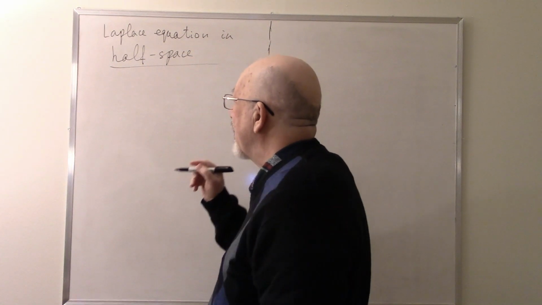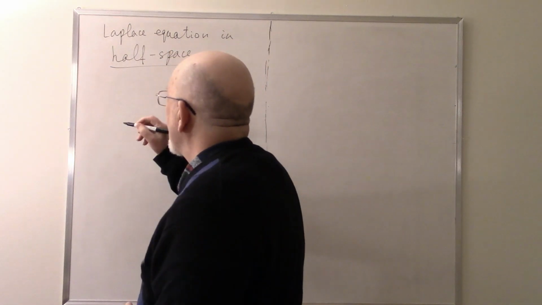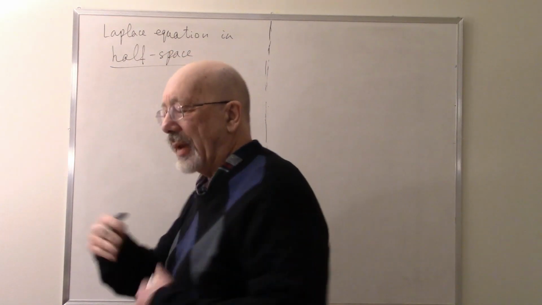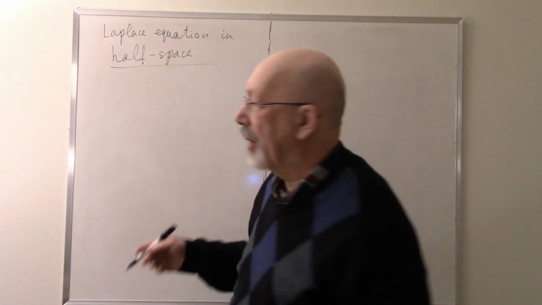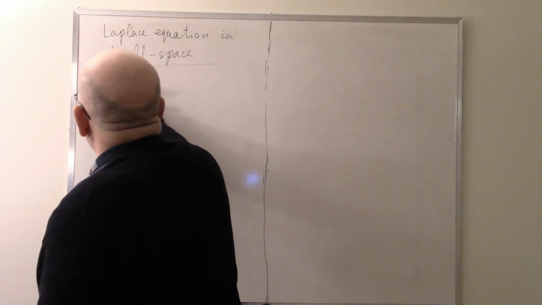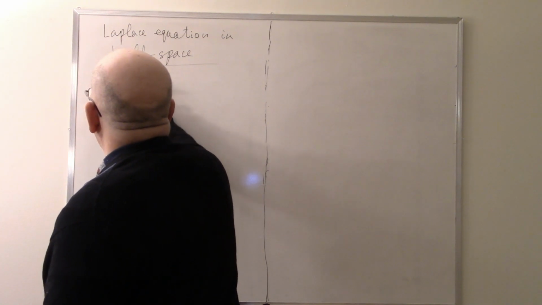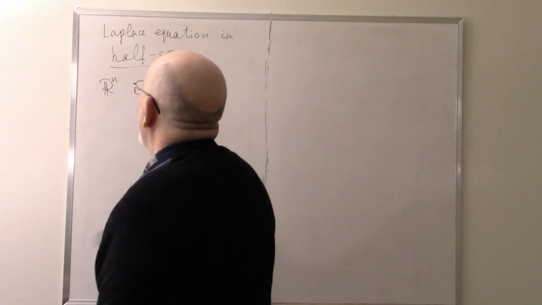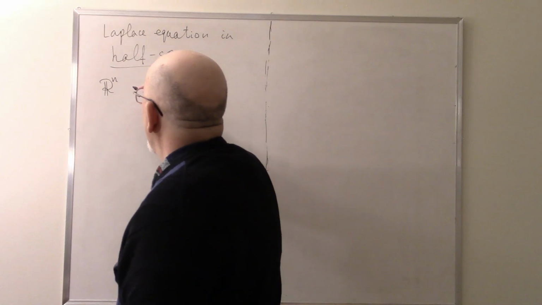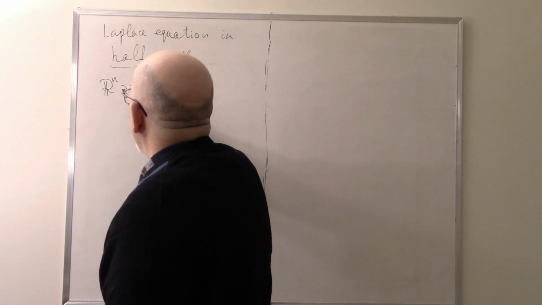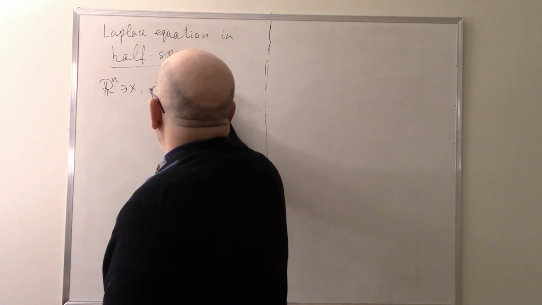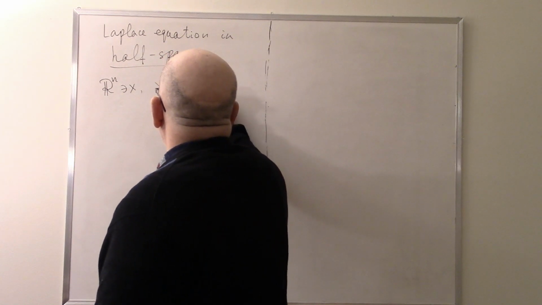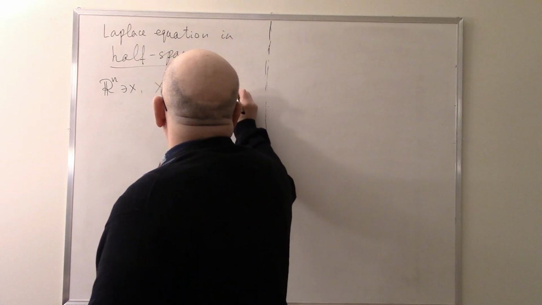So consider the following domain, which is next to the whole space. It is half space. So we have space Rn. So if x in Rn, x has coordinates x1 and so on, xn.